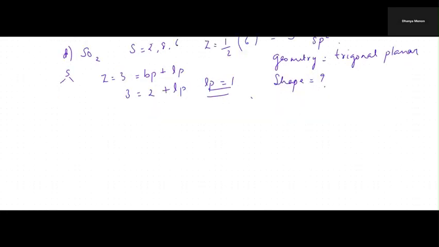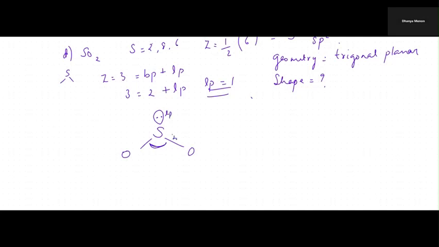So sulfur, this is the lone pair, oxygen, oxygen, right? Now, this bond angle should have been 120, but it is not 120 because there is repulsion between lone pair and bond pair.